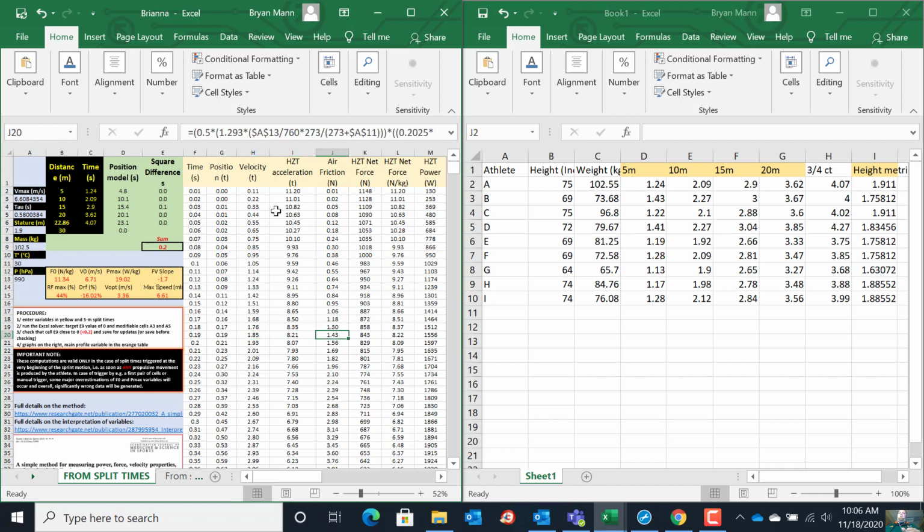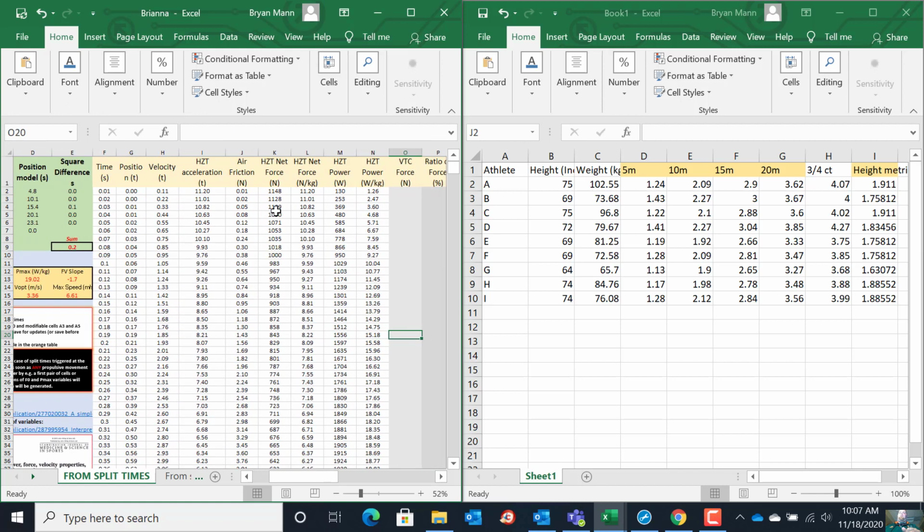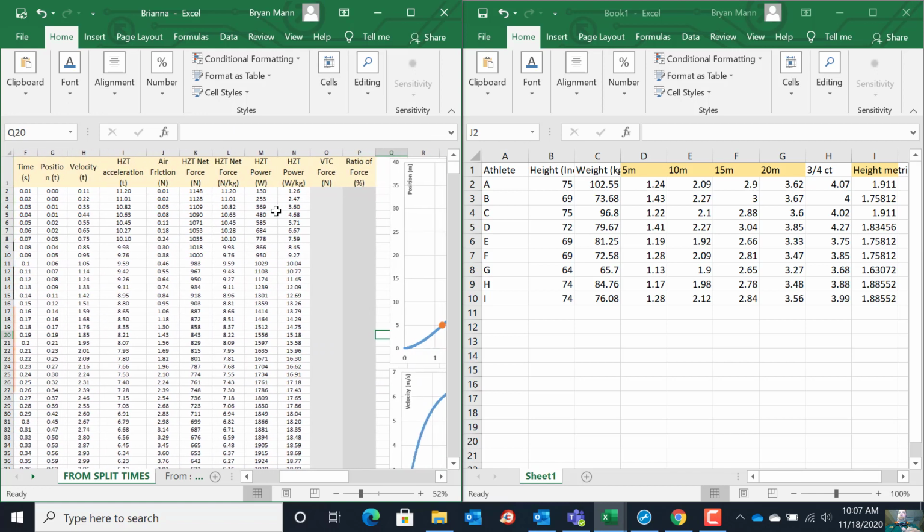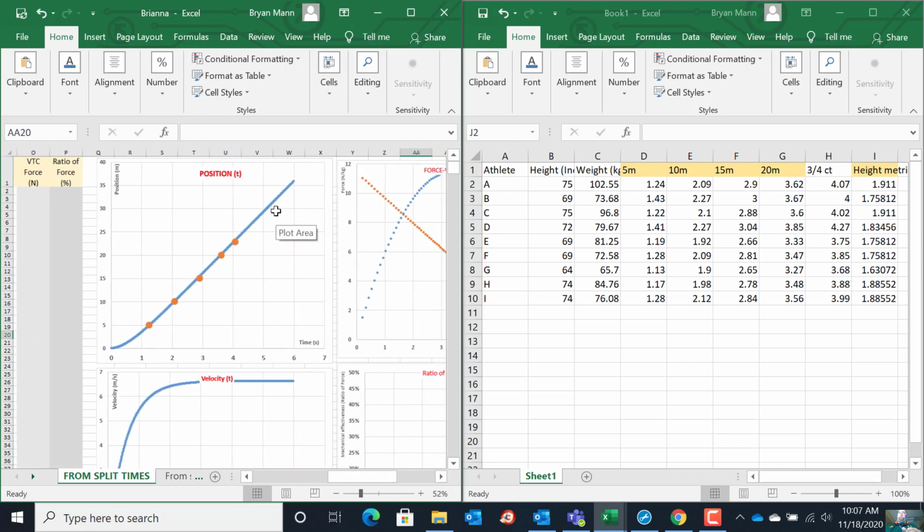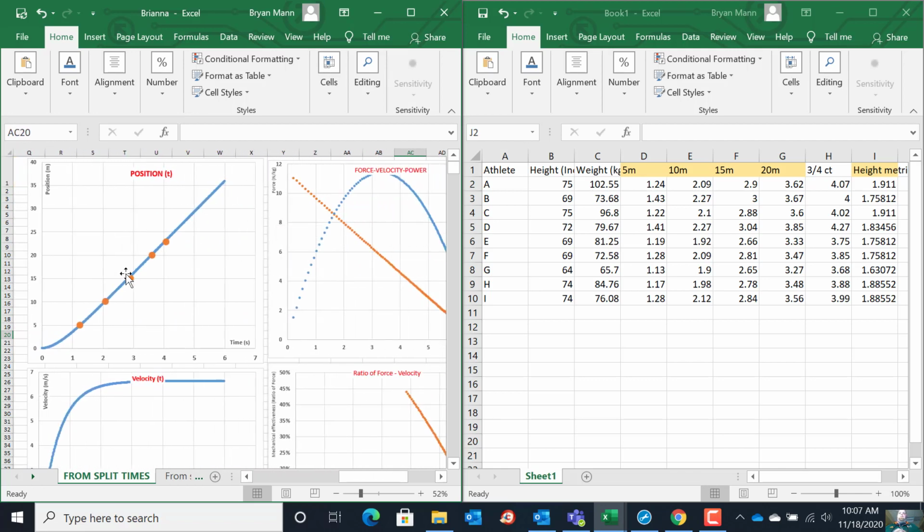You can see that we've got horizontal air force and air friction, and that's what the temperature and the pressure I mentioned earlier were used for. We see the horizontal force, horizontal power, horizontal net, then the vertical force, and the ratio of the force percentages. But then we look over here and see, do these fit close to the line on this position-time graph?